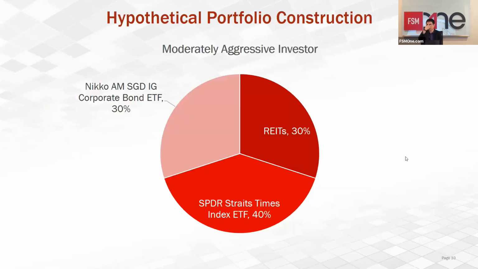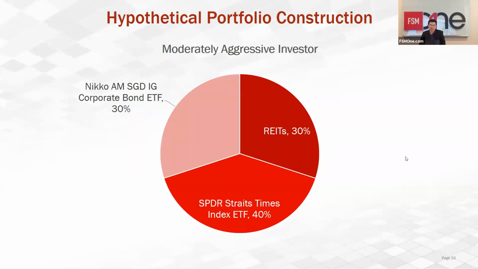Okay, so for the Singapore stock market, I've selected the SPDR Straits Times Index ETF. And before I go on to the REIT segment, I just want to mention also that for Straits Times Index, not only do we have the SPDR Straits Times Index ETF, there is also the Nikko AM Singapore Straits Times Index ETF as well. So these two products, they are quite comparable.